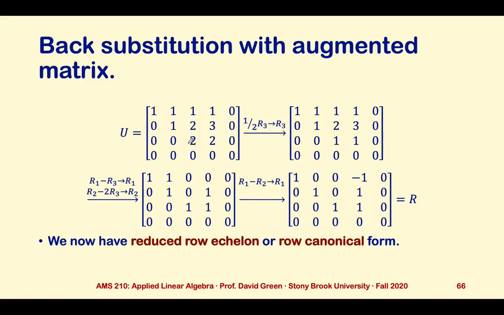Before going ahead and using this entry as a pivot, before deciding what subtractions we're going to do, we're going to scale this row to make the entry 1.